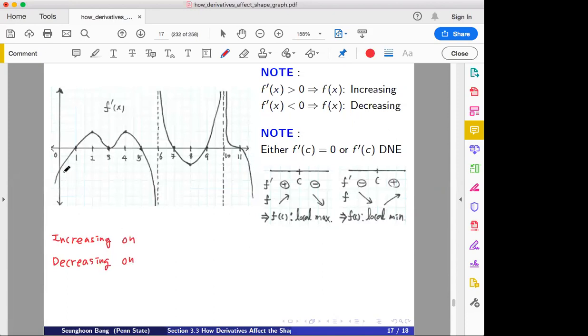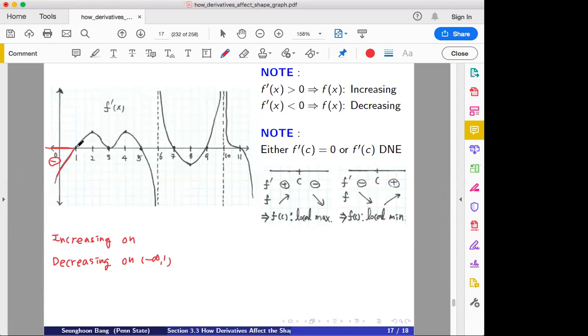The first one, here, f prime of x is below the x-axis, like negative. So we have decreasing from minus infinity to 1. What is 1 to 3? Increasing or decreasing?